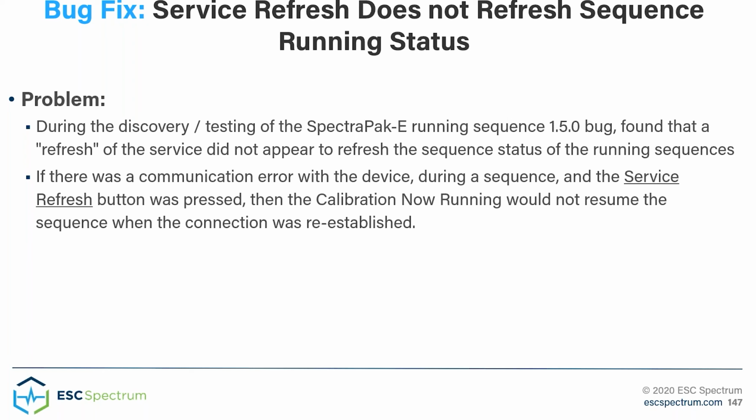All right, service refresh does not refresh sequence running status. There was an issue found in 1.1.5 as part of some other testing that the refresh of a service did not refresh the sequence status of a running sequence.